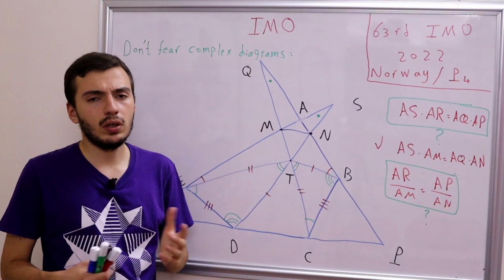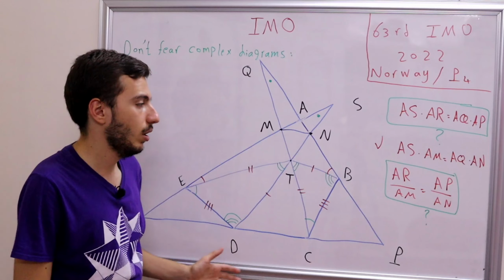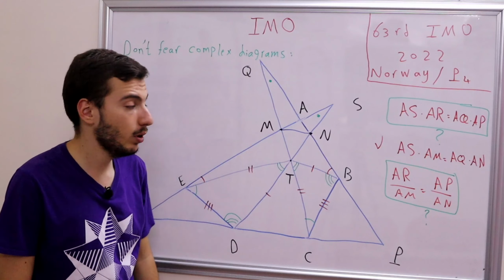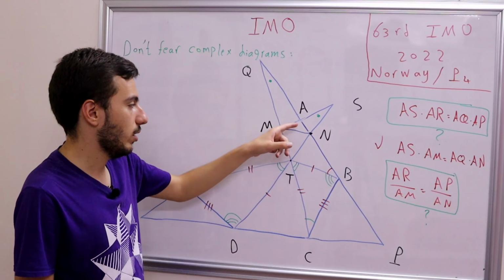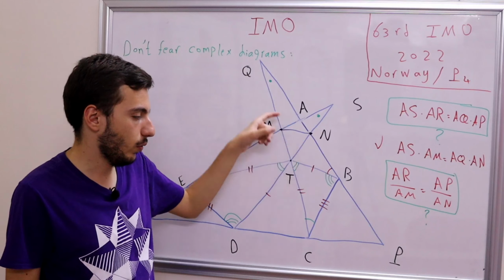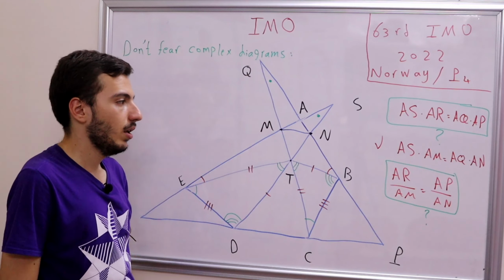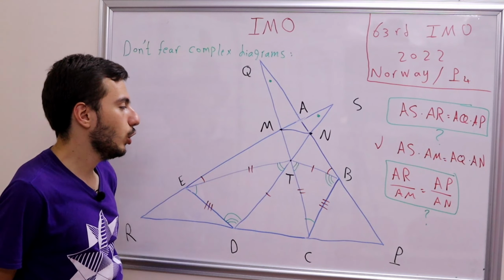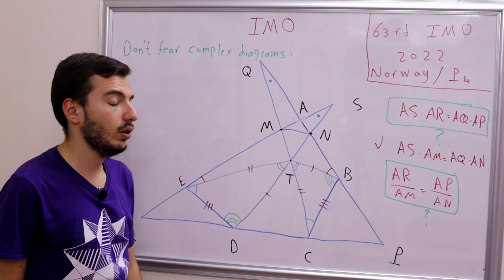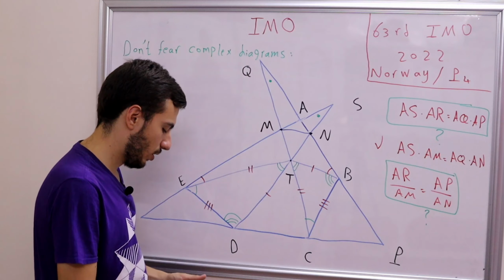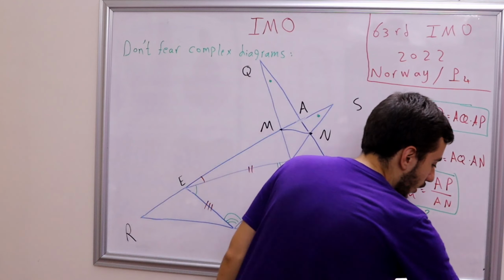Alright, so if you're not familiar with anti-parallel lines, then just stick to this proof, using the power of point. It's really simple. We just need to show that AM over AR equals AN over AP, and this is just showing that MN is parallel to CD. Okay, so how can we show that this one is parallel to this one? Clearly now we just need to do angle tracing maybe. So let's take another look here at the diagram.